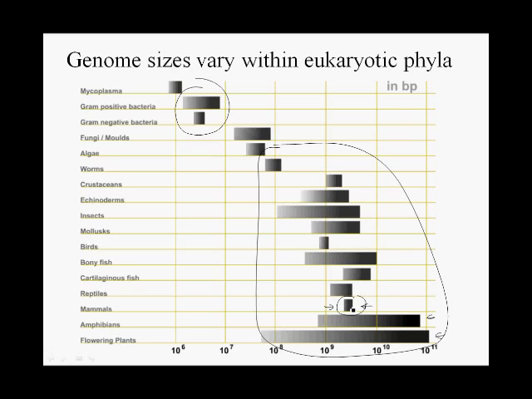If size mattered, we would be in trouble indeed, because there are amphibians that have much larger genomes. Lots of plants have much larger genomes. And indeed, the biggest genome that we know about is from a single-celled eukaryote, the amoeba.